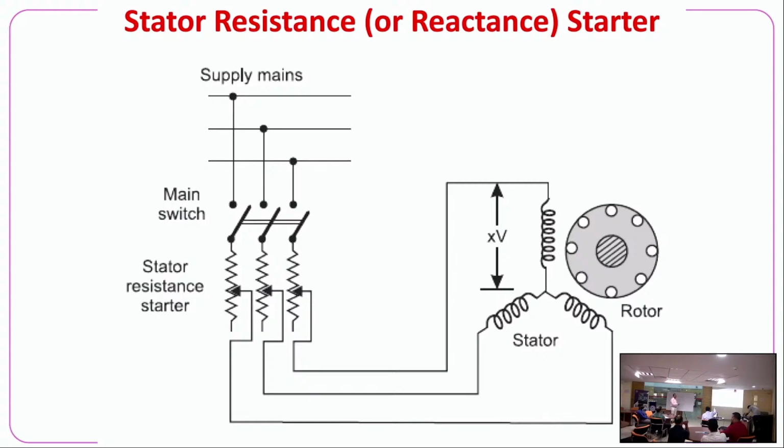This is for a large rating machine. Is it star connected or delta? Mostly delta connected, though some machines are star connected. But the starting mechanism is independent of whether it is star or delta connected. You connect it between the supply terminals and the motor terminals, so star or delta connection doesn't matter.